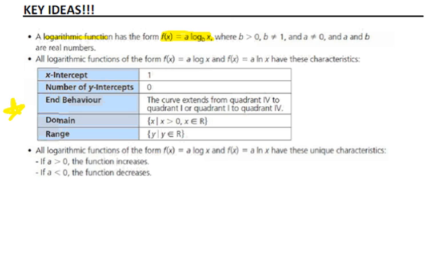So the end behavior depends on our A value. Bottom thing right here, if A is greater than 0, then we have increase. A is less than 0, decrease. So that's what we've talked about. Okay, so let's try looking at these.